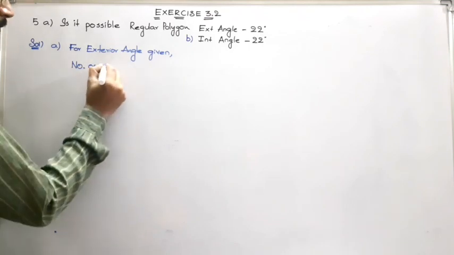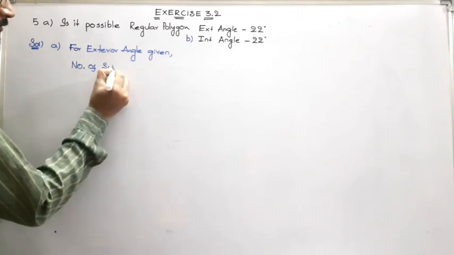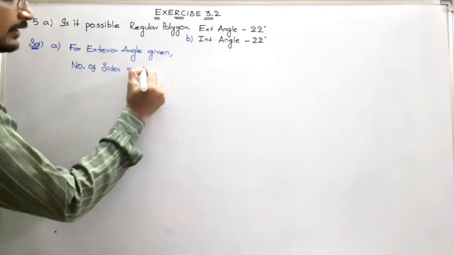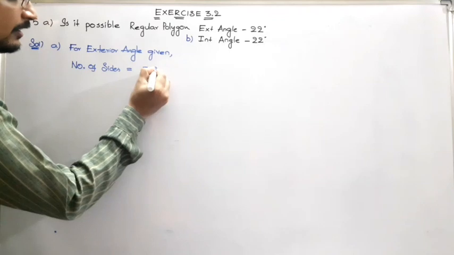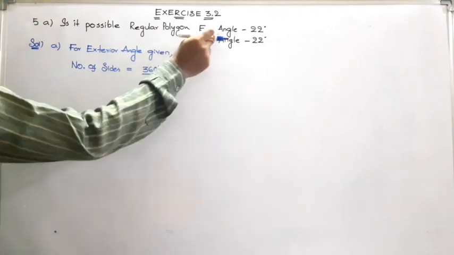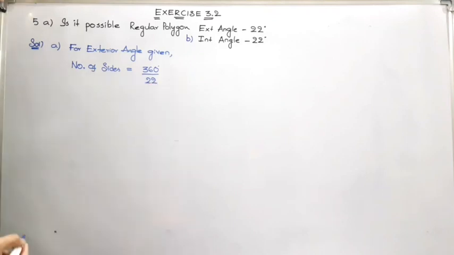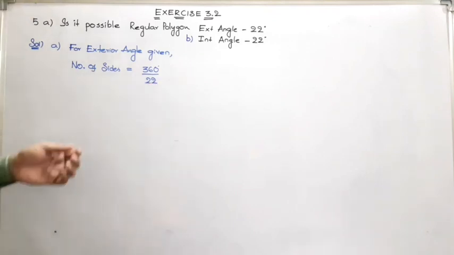Number of sides is equal to 360 degrees by the measure of each exterior angle. So it is 360 by 22, isn't it?